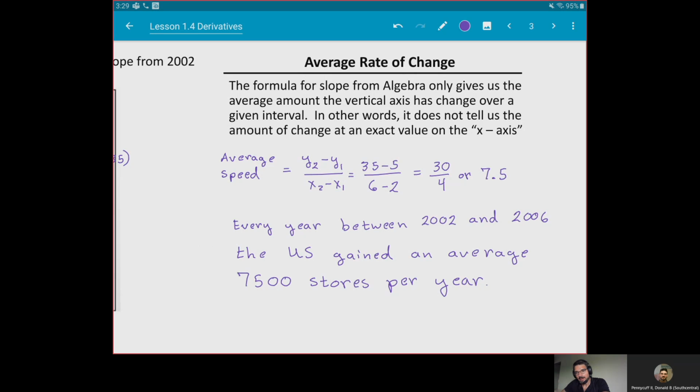It doesn't tell you what's happening at a specific moment of time. And let's think 1600s, Newton's working on gravity. He doesn't want to know the speed of the apple between the time it leaves the tree and the time it hits his head. He wants to know the speed of the apple when it hits his head or when it hits the ground.